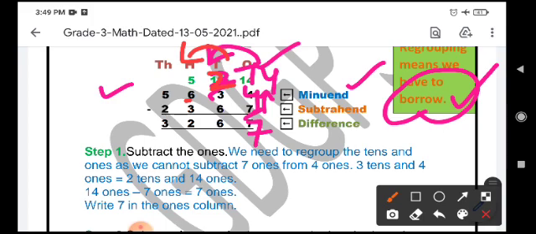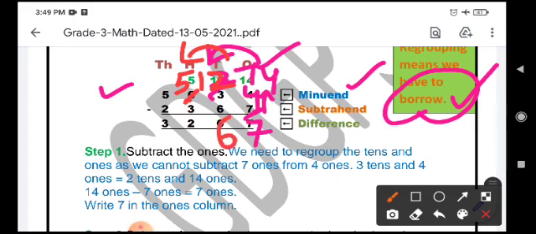So when we get 1 ten, it will be reduced to 5, because 6 minus 1 is 5. We will add the 10 to the tens place. 10 plus 2 is 12. Now we will subtract 12 minus 6. Take away 6 from 12, you will get 6.